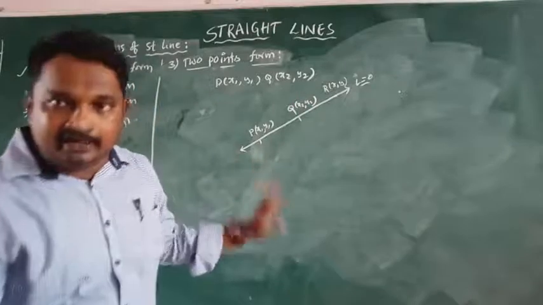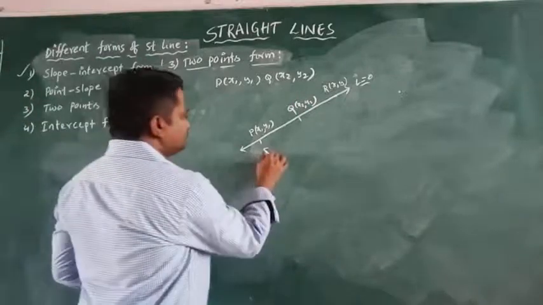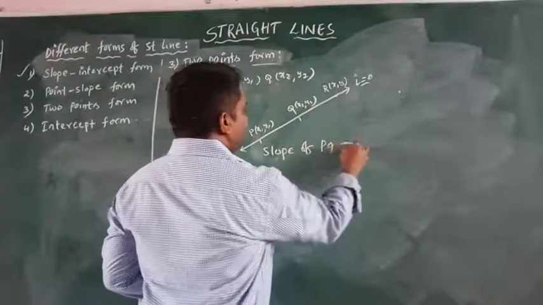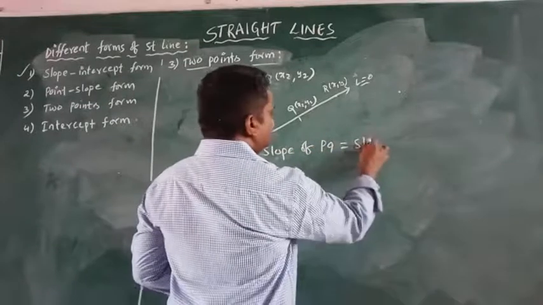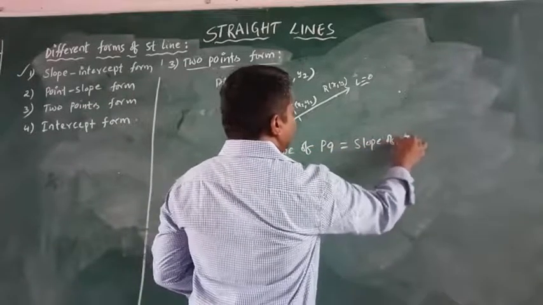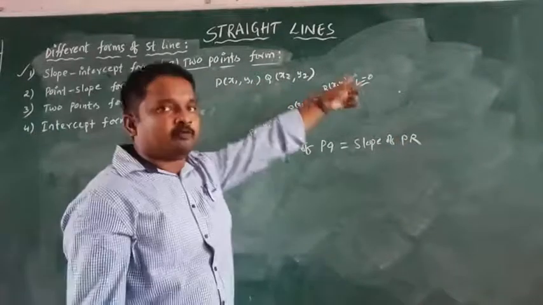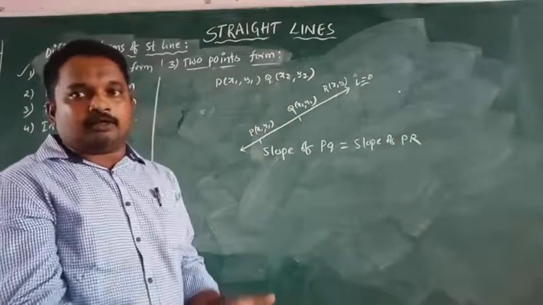So I am equating the slope of PQ equals slope of PR. I mean any two points, the slope is equal.